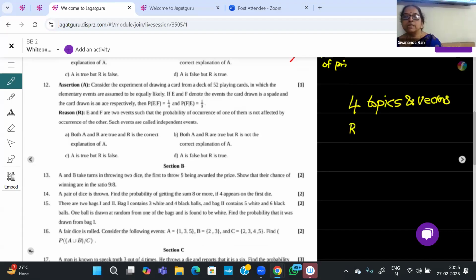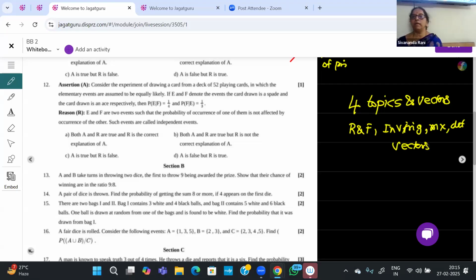That's what I'm saying. Relations and functions, inverse trigonometry, matrices and determinants, and vectors. Can you complete by Saturday? I think this will be okay. Vectors, not much actually, but you have to thoroughly finish.